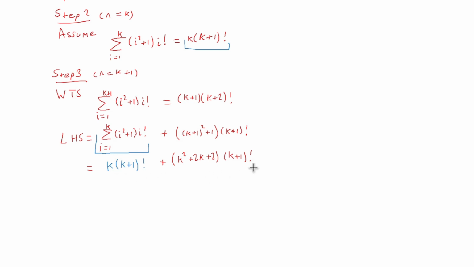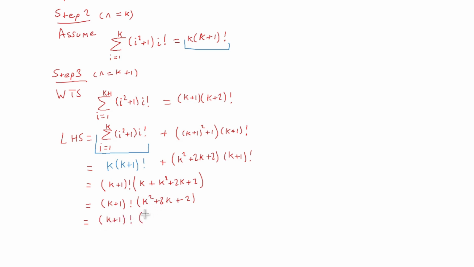Now, the first thing I notice here is that both of these have a (k plus 1) factorial in them. So I'm going to factorize out that (k plus 1) factorial. And I'm going to get left with k plus this thing, k squared plus 2k plus 2. So that's (k plus 1) factorial times (k squared plus 3k plus 2), which is equal to (k plus 1) factorial.